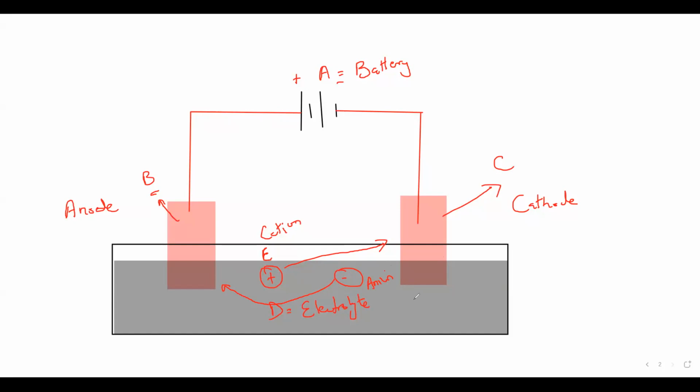So whenever a question is there related to an electrolytic cell, the common question is to label the electrolytic cell. So either it will be a battery or a cell depending on the size, then anode, cathode, and then you will have electrolyte, cations, and anions. Is it clear to everyone?